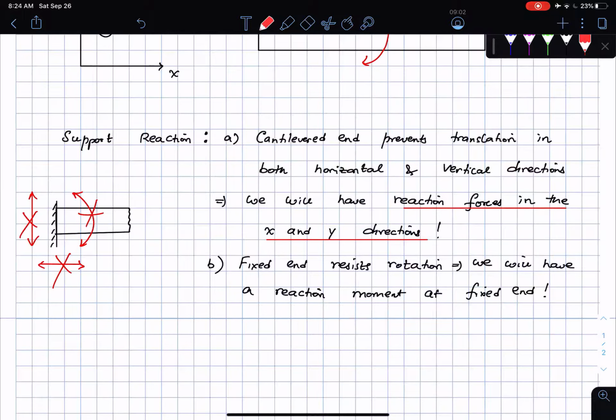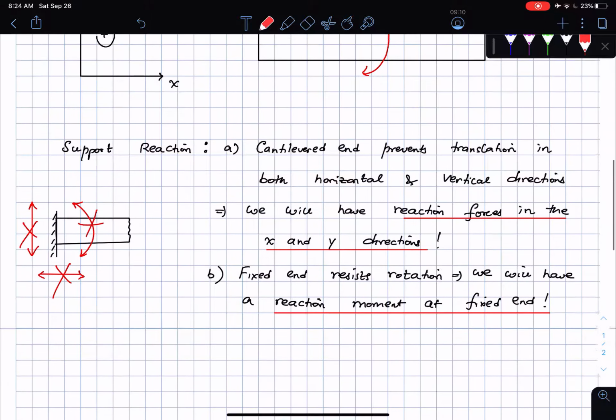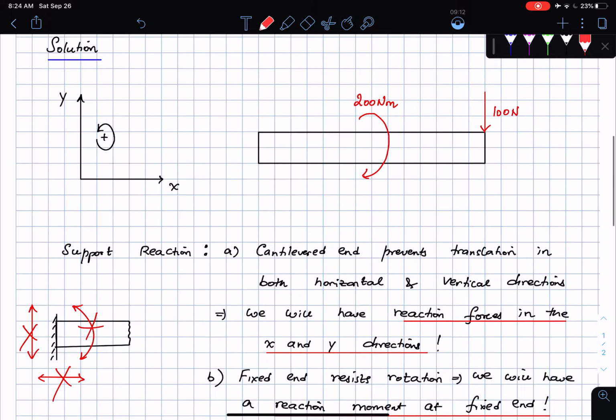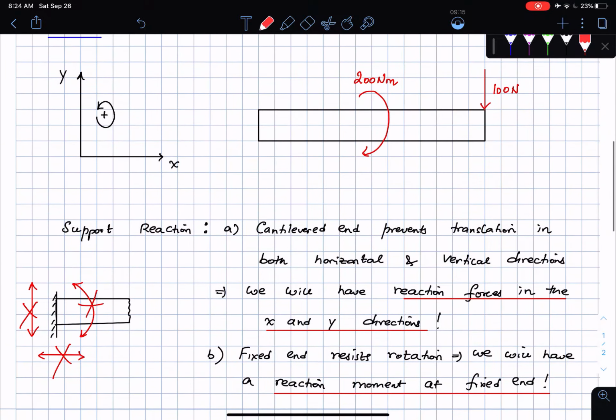Okay, so let me mark that out here. Once again, the bane of my life is drawing these straight lines. I'm going to go back to my figure here and mark the reaction forces. When I mark the reaction forces, I am not worried about what's happening due to the applied forces at all.